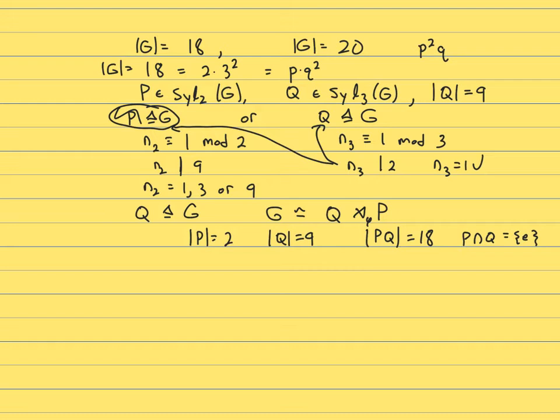So classifying groups of order 18 is equivalent to classifying homomorphisms from P to the automorphism group of Q. In particular, classifying homomorphisms from some group of order 2 to the automorphism group of any group of order 9. That's all we need to classify.